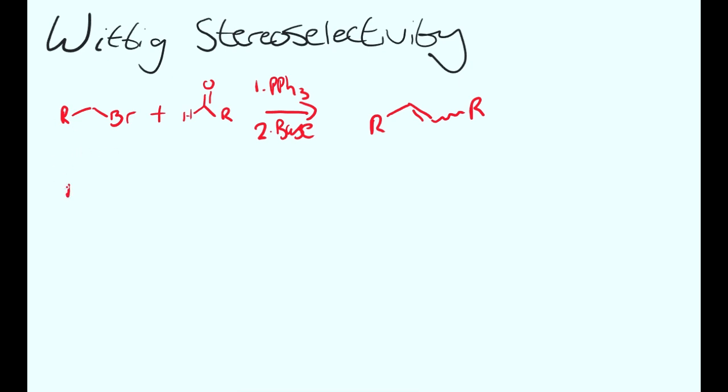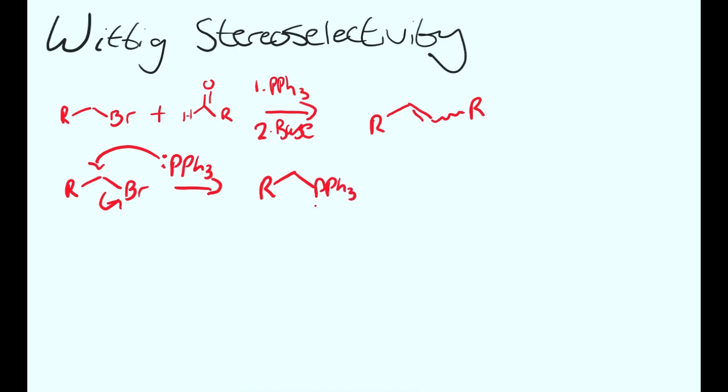The first step of the Wittig is the displacement of the halogen by the phosphorus nucleophile. Following this, the base can deprotonate the carbon next to the positively charged phosphorus.